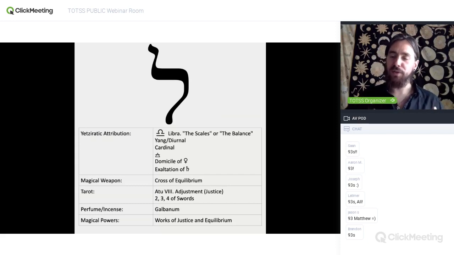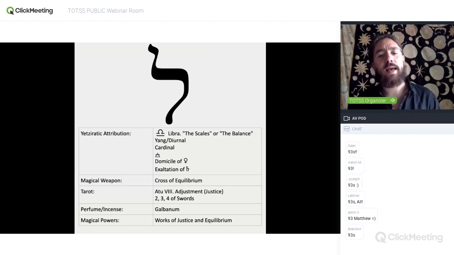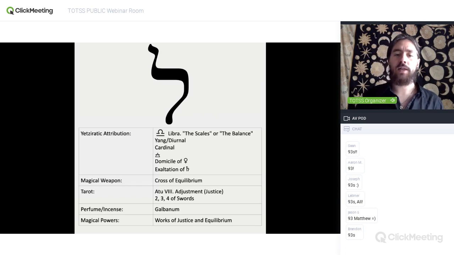The sun wants to focus on individuality in some sense, and Libra wants to focus on other people. So there's a bit of a mismatch there in the goals. Saturn is also exalted in Libra, and as I understand the exaltations, this does not necessarily give Libra a Saturnian quality.